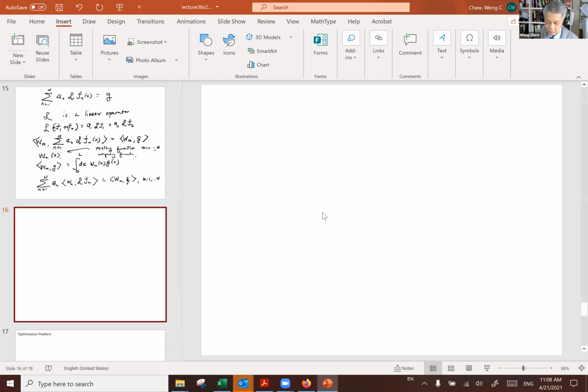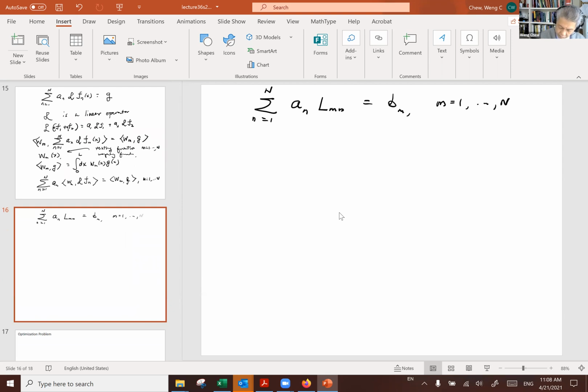Okay, I end up with the equation that says this is of the form sum over n from 1 to N of A_n L_mn equals B_m, m from 1 to N. Now if I look at this equation, it is of the form L dot A equals B. It's a matrix equation.